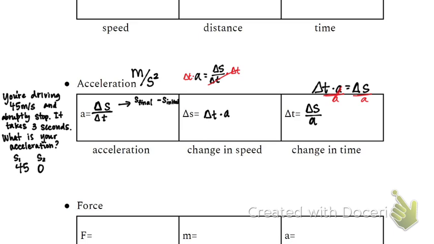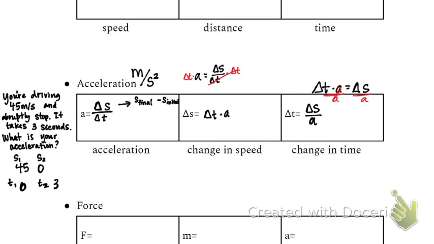So we were going 45 and then we stopped, so that's 0 meters per second. When we were driving 45 meters per second, what was the time? When we start, what's our time going to be? 0. And then it took how long to stop? 3.